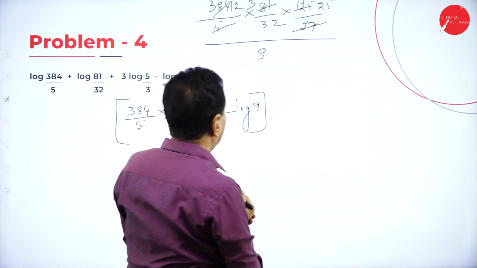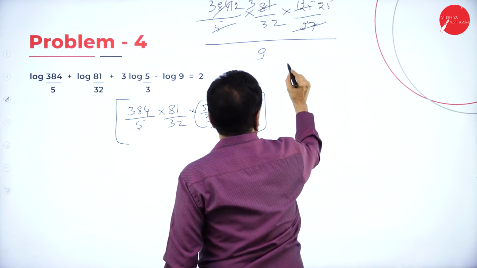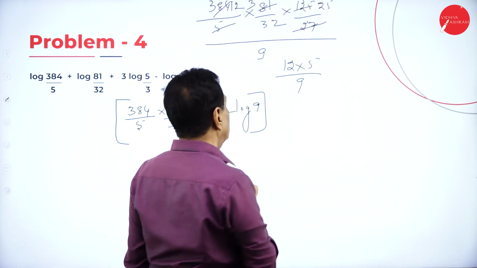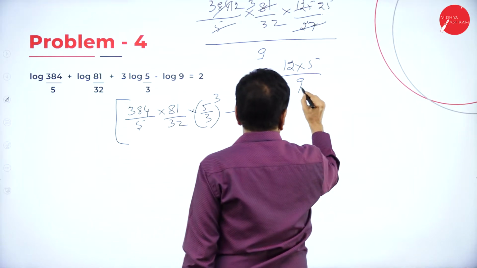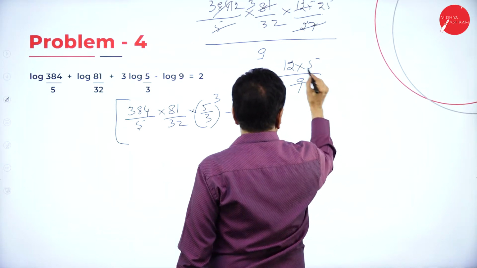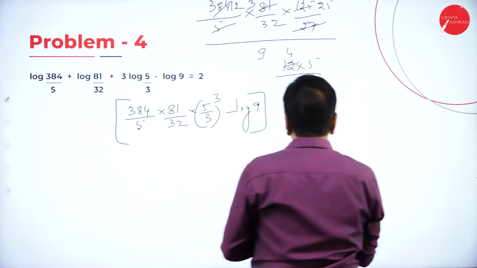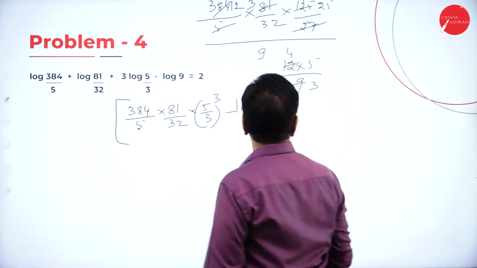So what is left over now? It is 12 into 5 divided by 9. So 5 fours are 20.